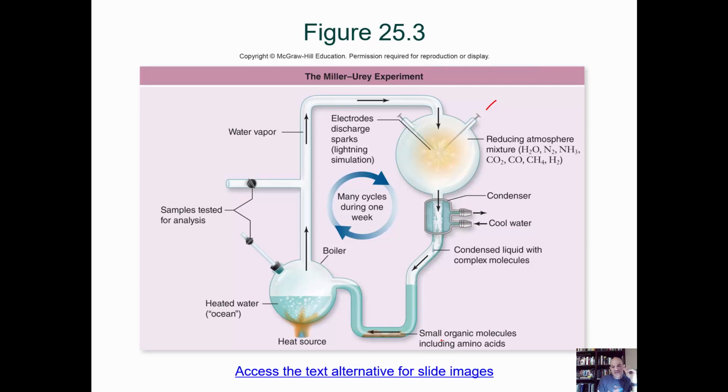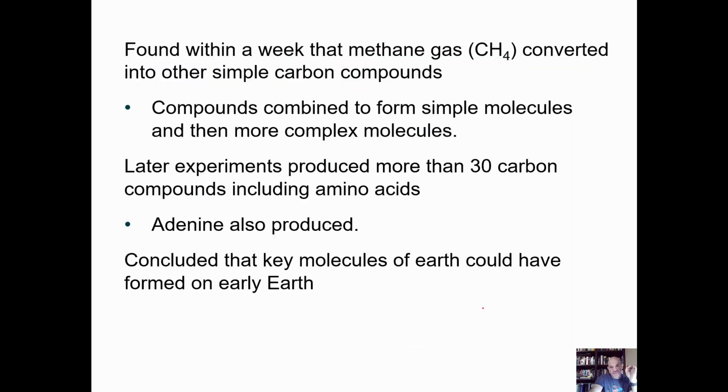And what you start to see is a buildup of these organic compounds, including even simple amino acids. So from the inorganic compounds that are here, you end up with these organic molecules. So this experiment provides evidence to support the idea that organic compounds can be formed here on Earth. What they found first was a series of simple organic compounds, and then more complex organic compounds, including amino acids.